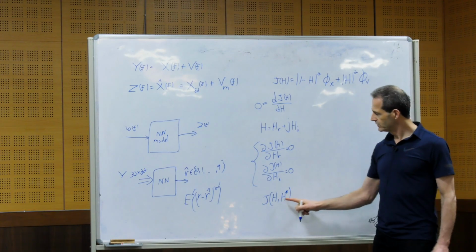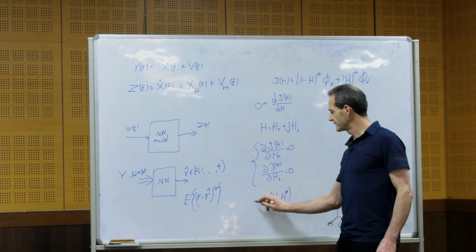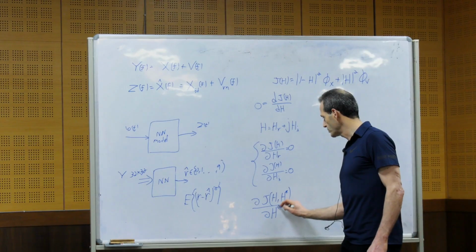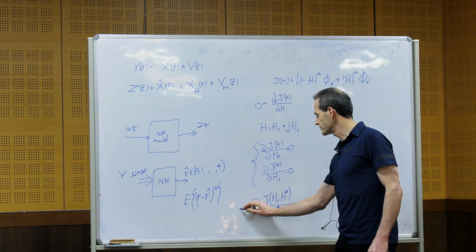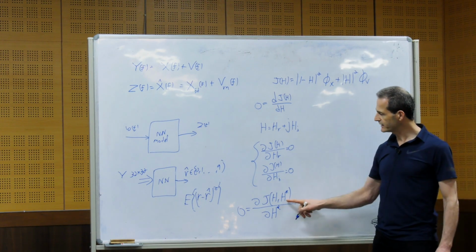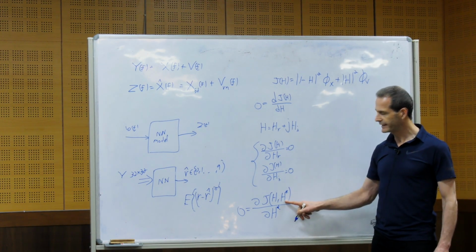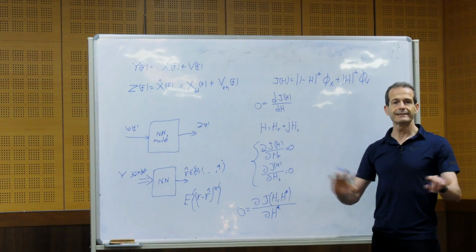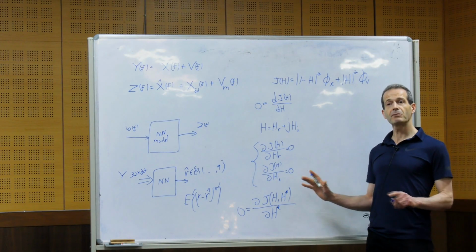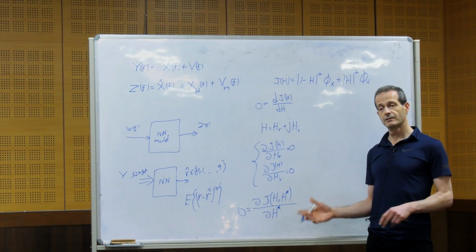And then you take the derivative with respect to the complex conjugate and equate it to 0. And you assume that h and its complex conjugate are independent. Okay? This is a mathematical trick.